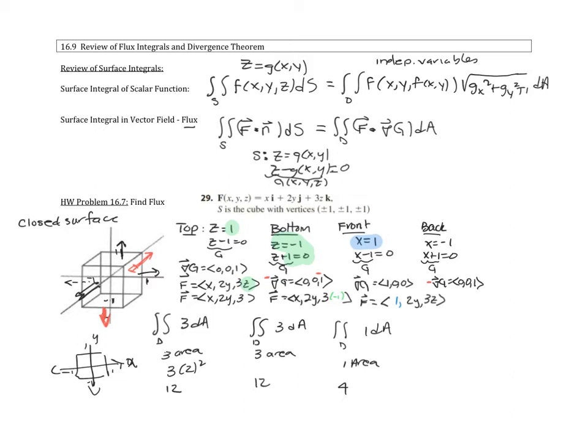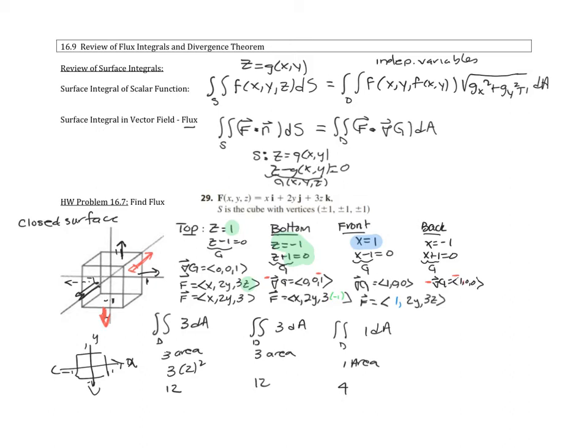So in this case I made a mistake there, this should have been a 1 here. So 1, 0, 0, and then I'm going to multiply by -1 because I want the backward unit normal.